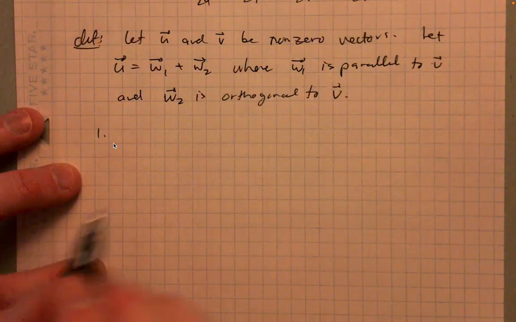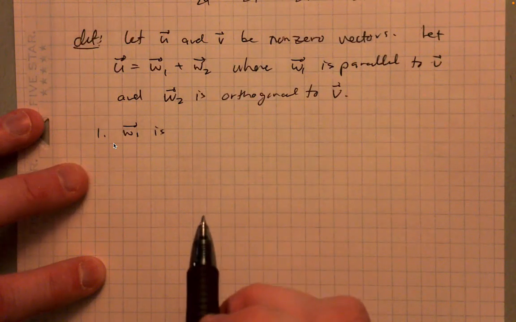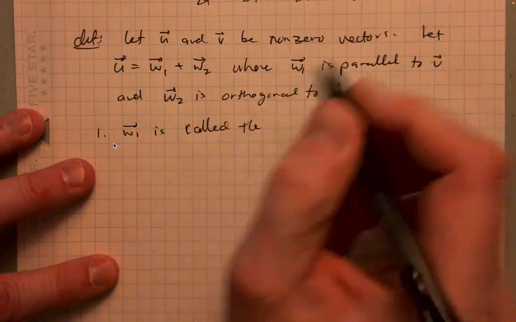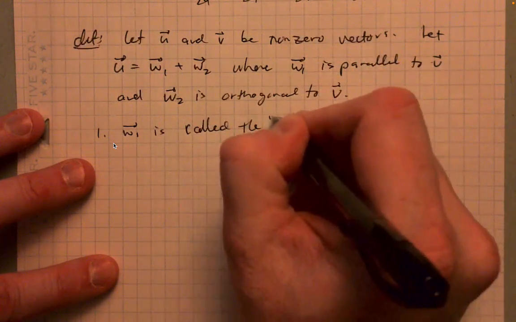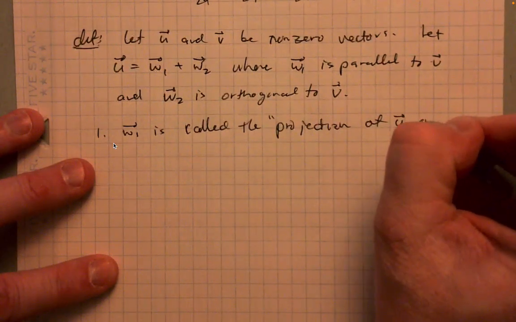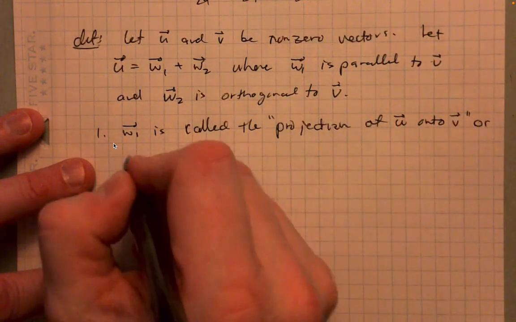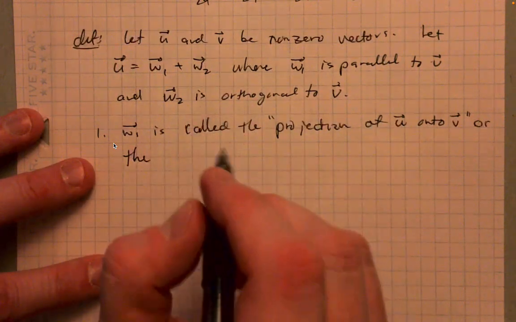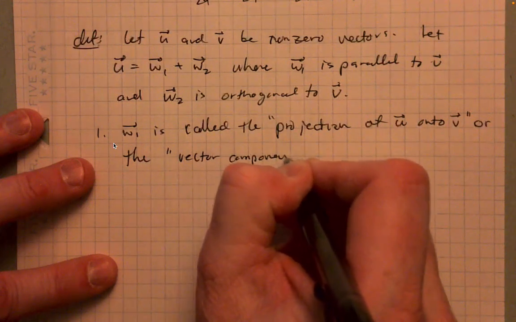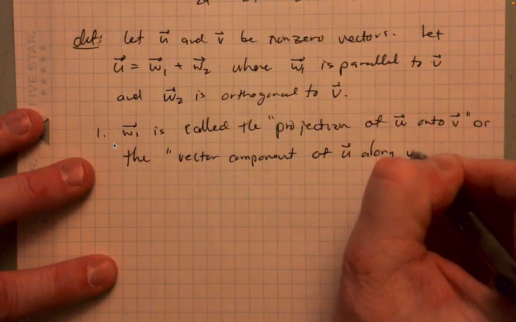So w1, the one that's parallel to v, is called the projection of u onto v, or the vector component of u along v.